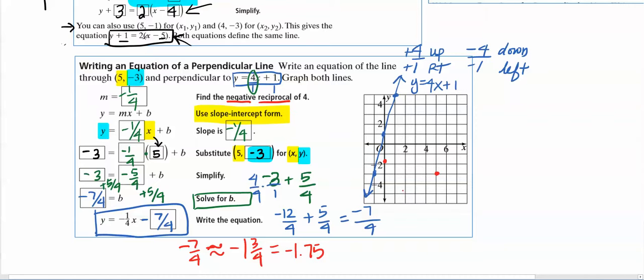Okay. Now, the point here is another point that goes through it. I'm not going to try and use the slope to graph this. I'm not going to go down 1 over 4 because I already have a point. All I need to do is draw a line. See if I can do it.